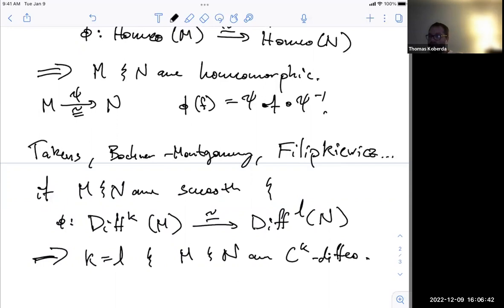And moreover, you have the same conclusion that the isomorphism between the groups is induced by conjugation by a C^K diffeomorphism.